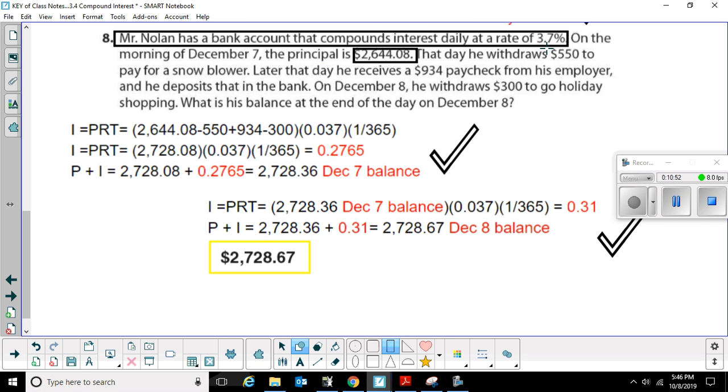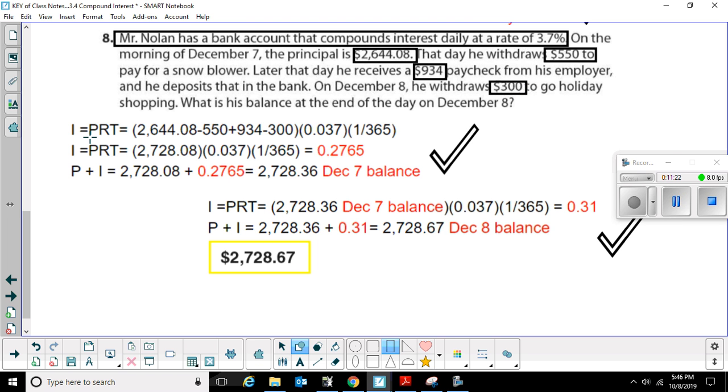He's going to make a withdrawal, and then he's going to make a deposit. All of that has changed his balance. So what is his balance right now? We started here, subtracted 550, added 934, and we also have a subtraction of $300 that I almost missed. That is now his principal.